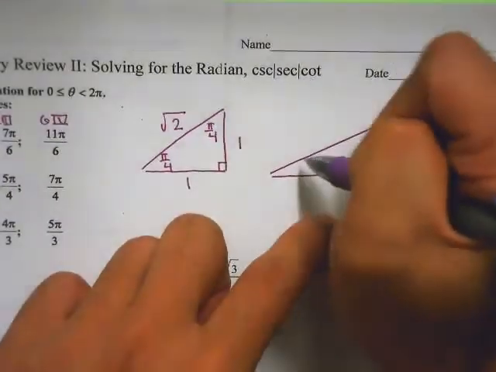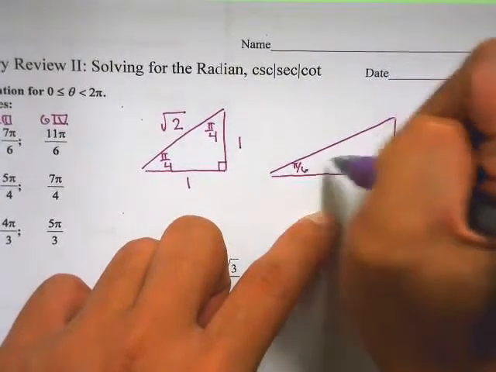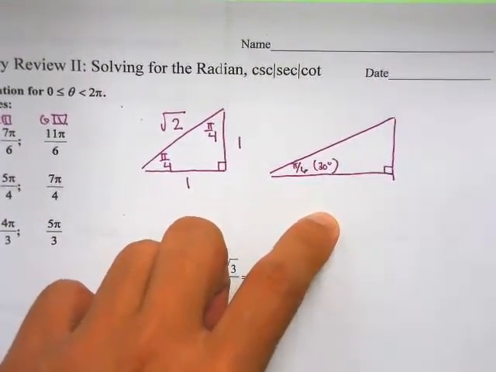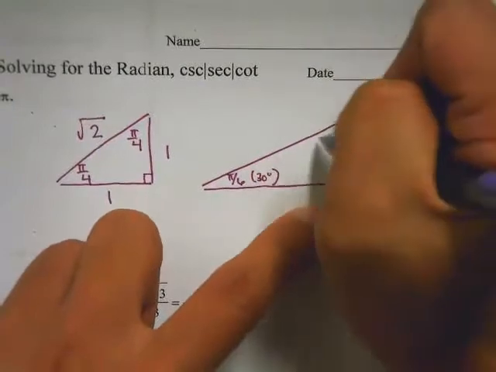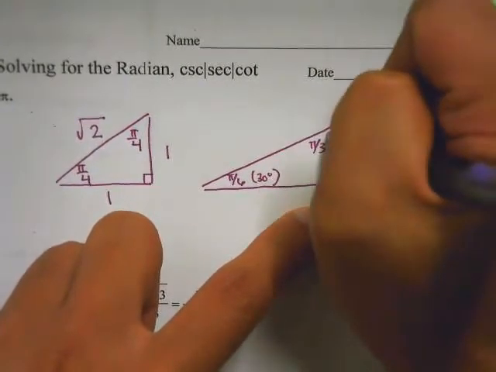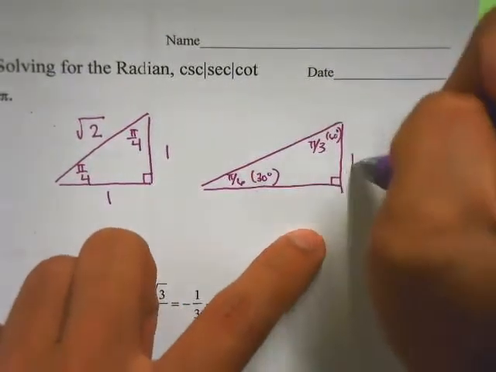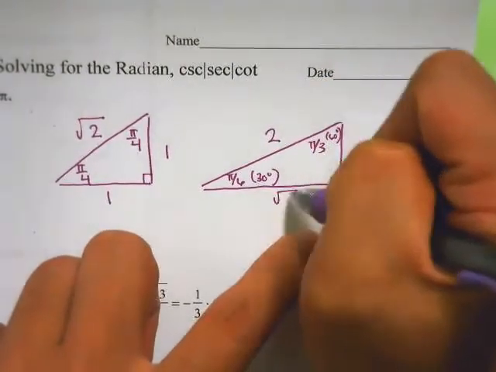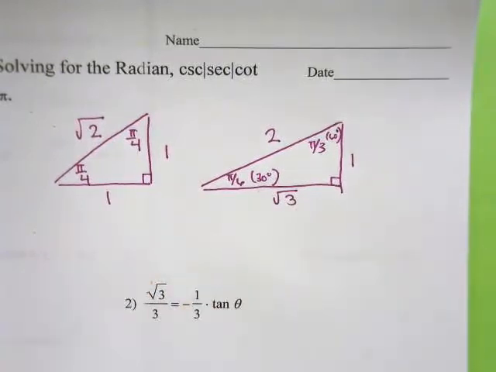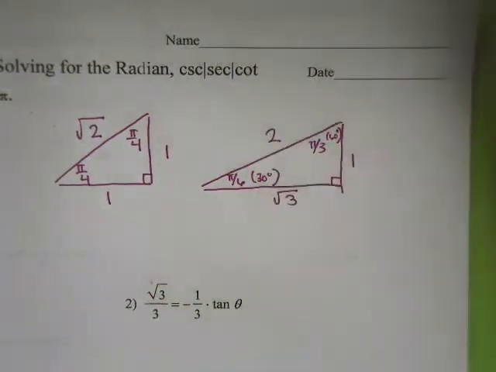So this is pi over 6, or 30 degrees, and pi over 3, or 60 degrees, and the ratio for that is 1, the hypotenuse is 2, and square root of 3 by the 30 degrees, or pi over 6. Okay, so that's going to help us with that.